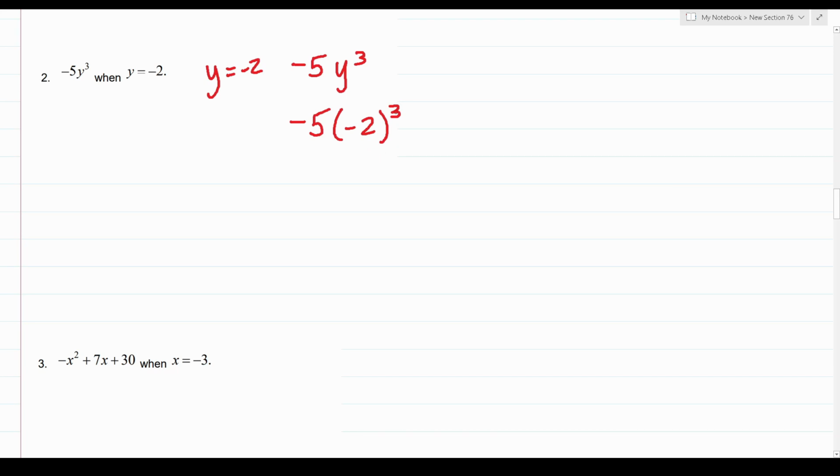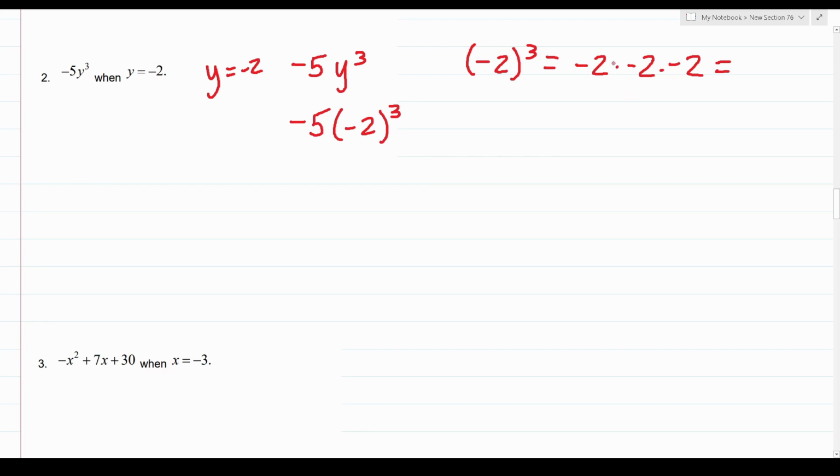We have an exponent and we have multiplication. We have negative 5 times negative 2, and then we have negative 2 to the third power. If you remember, please excuse my dear Aunt Sally, you do exponents before multiplication. So let's go ahead and work out this negative 2 to the third. Okay, we have negative 2 to the third, which is the same as negative 2 times negative 2 times negative 2.